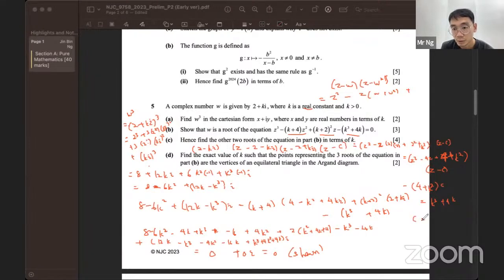So c equals to negative, so c equals to k. So the two roots is this one and then k.